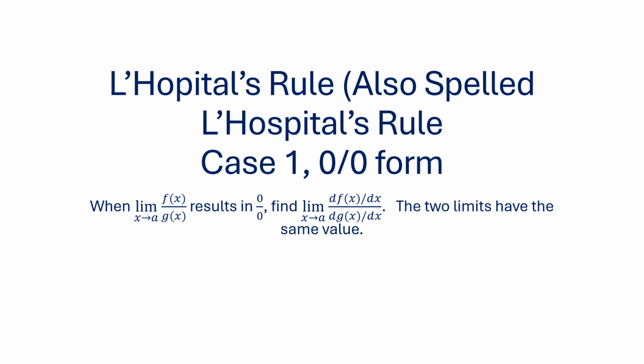When the limit as x approaches a of f of x over g of x equals 0 over 0, the limit as x approaches a of the derivative of f with respect to x over the derivative of g of x with respect to x is going to be the same thing. Two limits have the same value. This one we might not be able to figure out. Maybe we can find something here, and often we can.